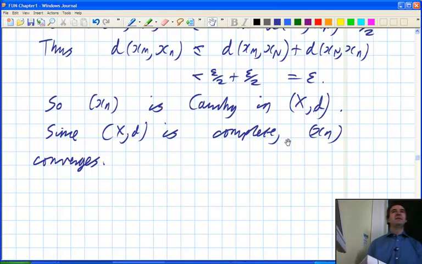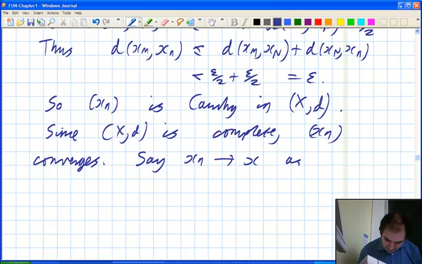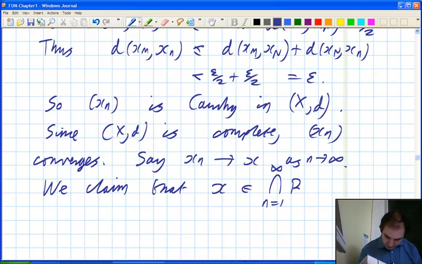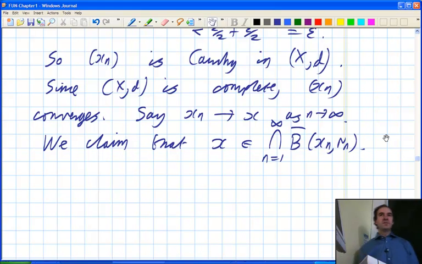Let's say xn tends to x as n tends to infinity, x being a point in X, and we claim that x is in the intersection of all of these closed balls.